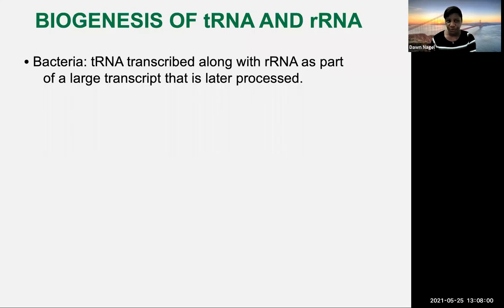So the way that these tRNAs, right, and ribosomal RNAs are usually made, they're not transcribed by RNA polymerase 2, right? They're either RNA polymerase 1 or RNA polymerase 3, depending on which one it is, in eukaryotes. In bacteria, they're usually transcribed because bacteria only have one RNA polymerase. The way that these tRNAs and RNAs are transcribed in bacteria, it's a large transcript that is then later processed into smaller parts, okay?